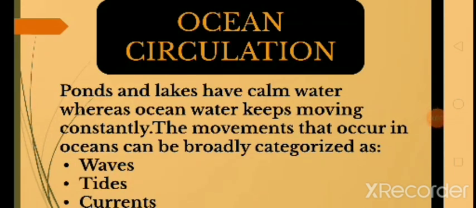Children, now let us revise about ocean circulation. Ponds and lakes have calm water, isn't it? Whereas ocean water keeps moving and it keeps moving constantly. Right?